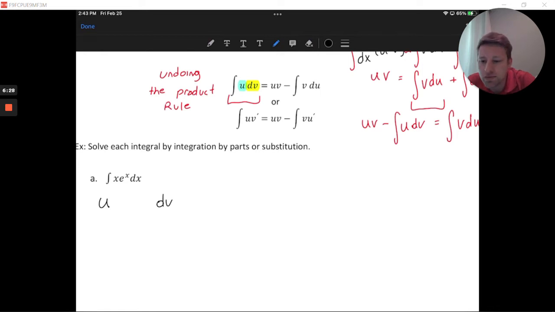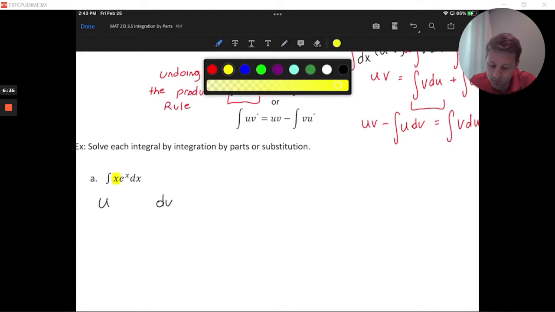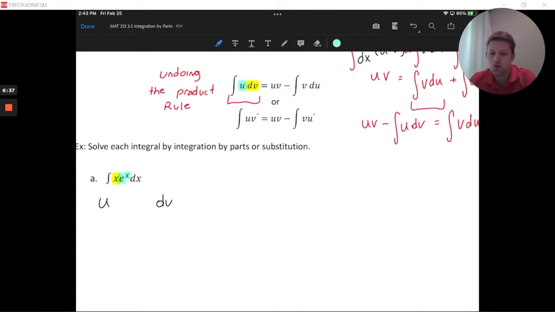So in this case, we have really two functions of x, the x and the e to the x term to consider. Well, one of these is going to have to be the u, and one of them is going to have to be the dv.